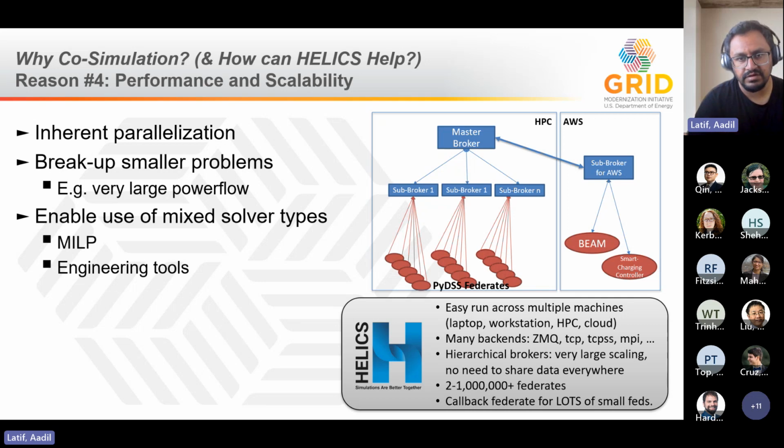An example of a discrete event type simulator would be communication, right? Communication simulators like OMNeT++ are discrete event type simulators. Continuous time simulators would be something like PSSE, right? Where you have time evolution of equations if you're doing dynamic simulation.